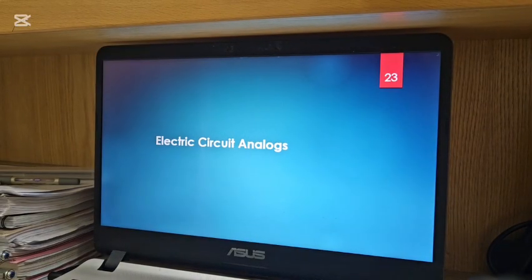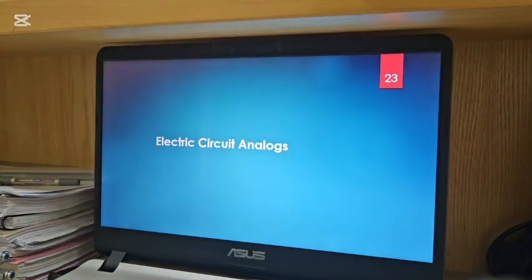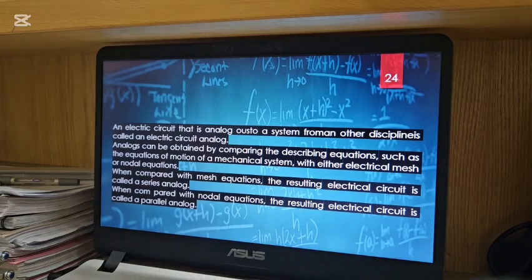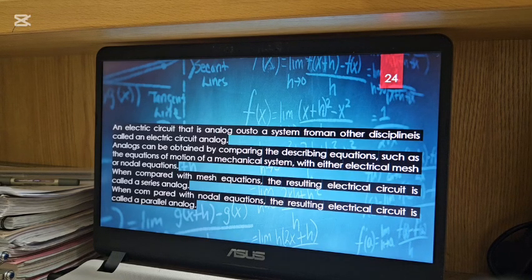Now we will have the last section, electric circuit analogs. In this section, an electric circuit that is analogous to a system from another discipline is called an electric circuit analog.